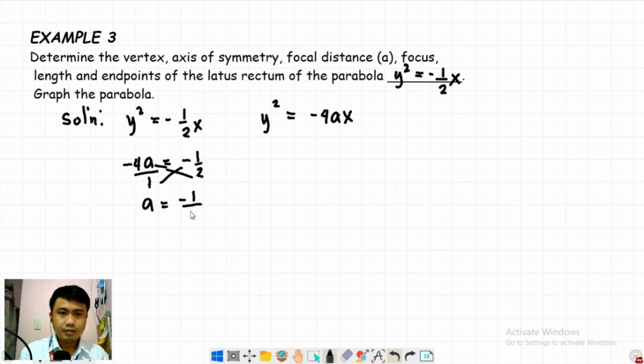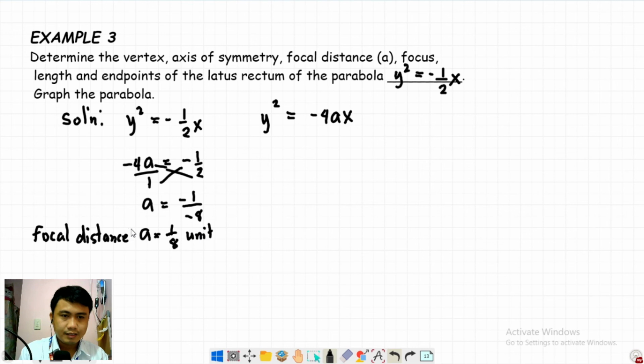Negative 4 times 2 is negative 8. So our A is 1 over 8 unit. Meaning, this is our focal distance. Our focal distance is small. 1 over 8 is just 0.125.